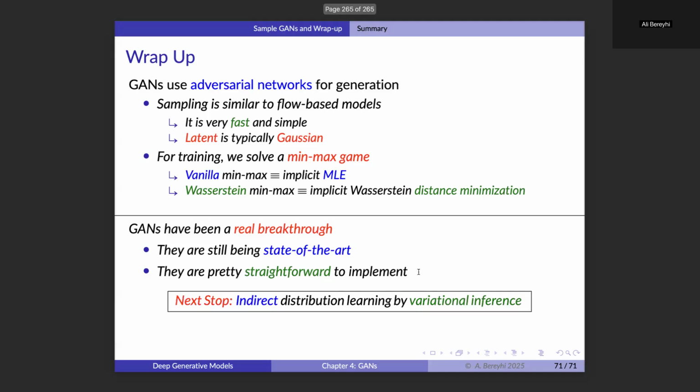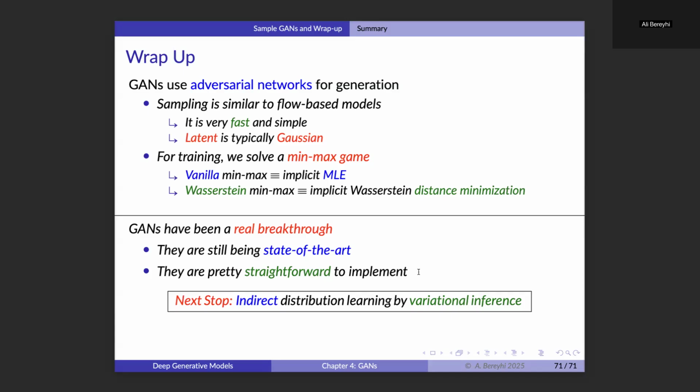Now, that's it regarding the GAN. As I said, GAN is the first implicit approach that we use to generate images or data samples. The next step that we're going to land on is the variational autoencoder and variational inference.